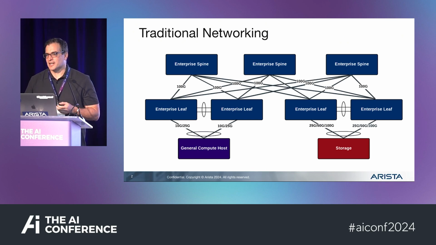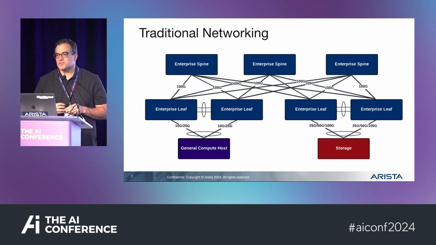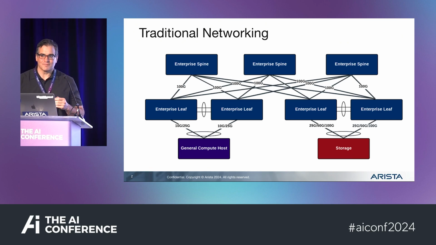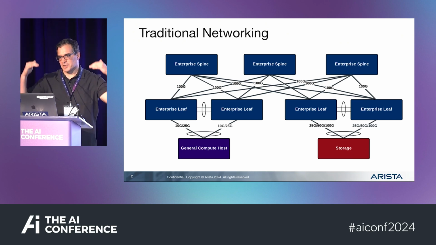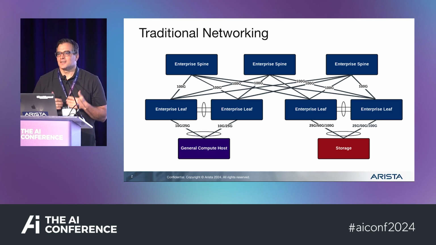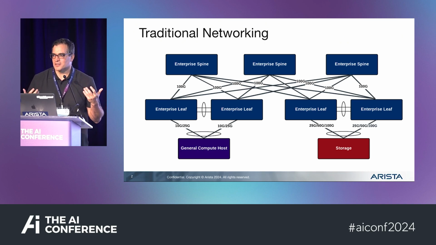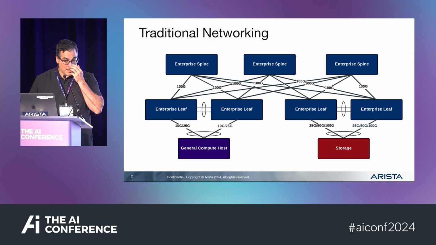Today, most of those connections on the server side are done at like 10 or 25 gigabits per second. And sometimes on the storage side, if you're connecting your storage to an Ethernet network, that can be done at 25, 50, or 100 gig. And then typically those uplinks between the leaves and spines tend to run more in the ballpark of 100 gigabits, right?